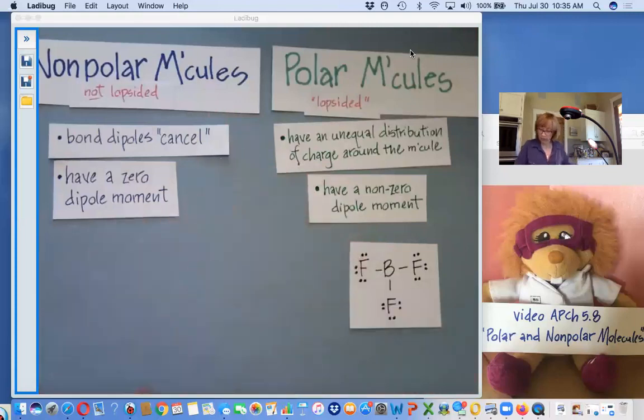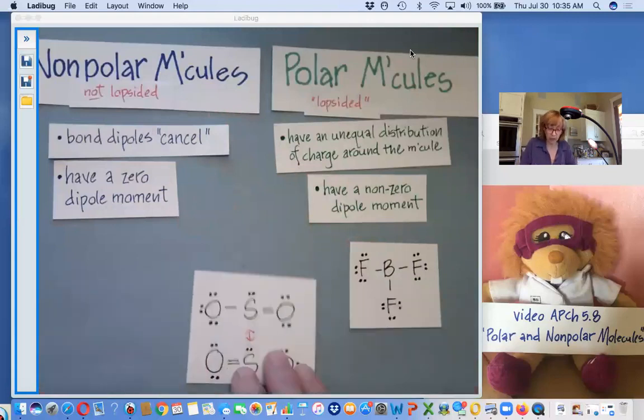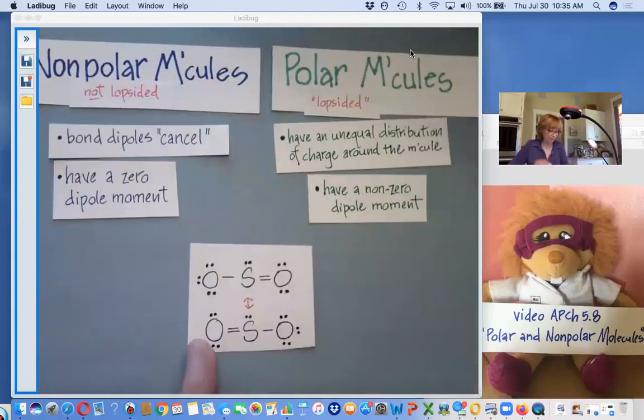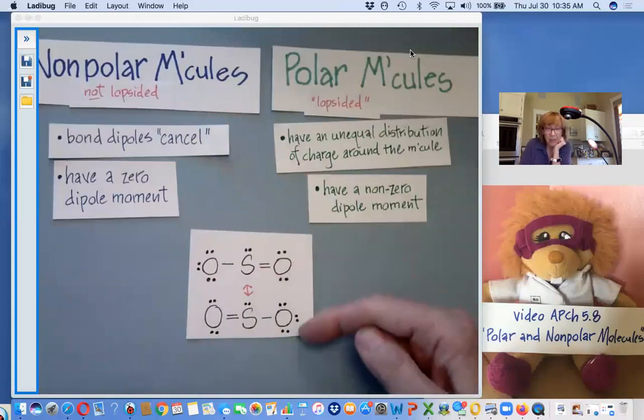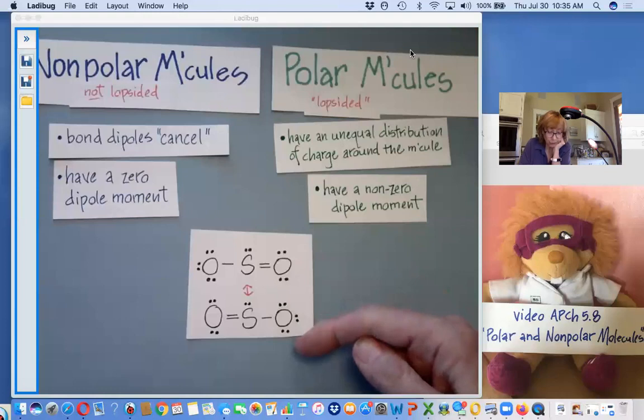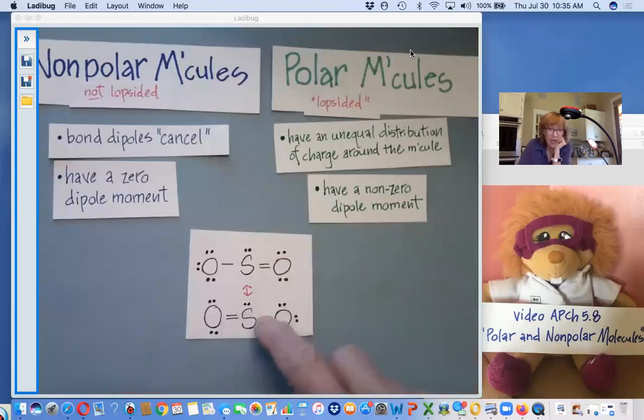Let's take a look at the sulfur dioxide molecule. Now, we did this one in an earlier lesson. The Lewis electron dot diagram looks like this or like this. And when you assign formal charges, you see that one structure is not preferred over the other. The formal charges are the same, however you draw it. So that is an indication of resonance.